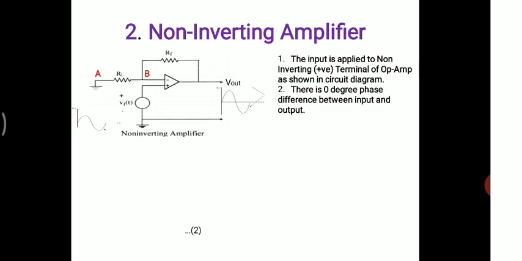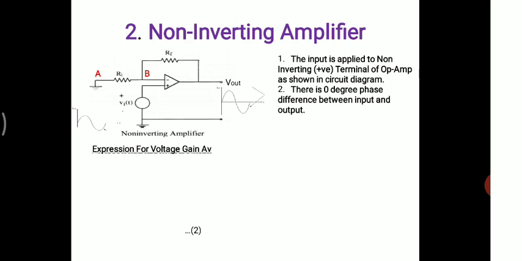That is, there is a 0-degree phase difference between input and output voltage as shown in the waveform. Let us study the voltage gain of the non-inverting amplifier. We need to derive the expression for the voltage gain AV.